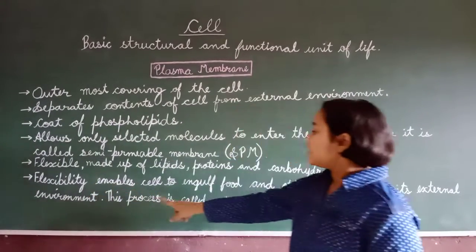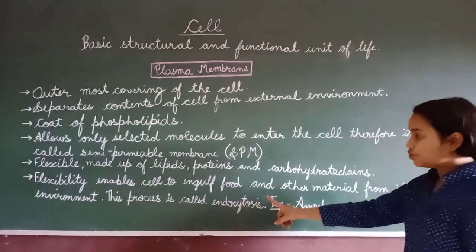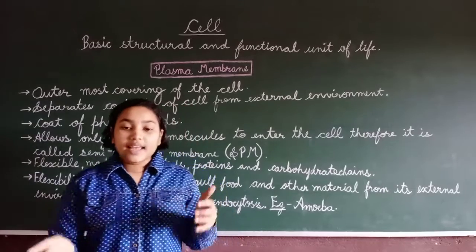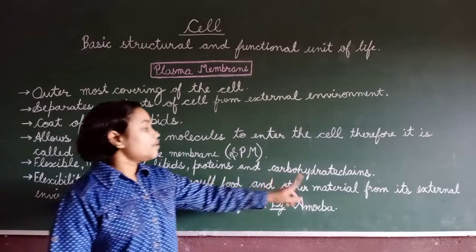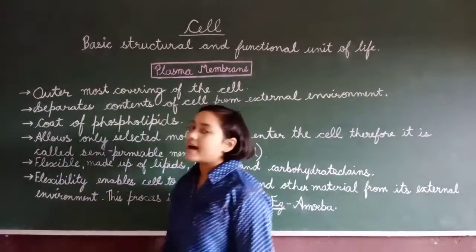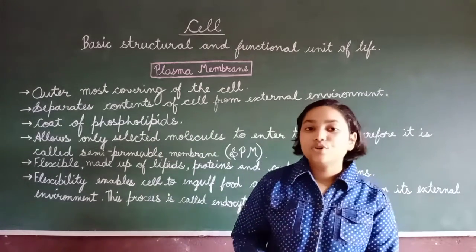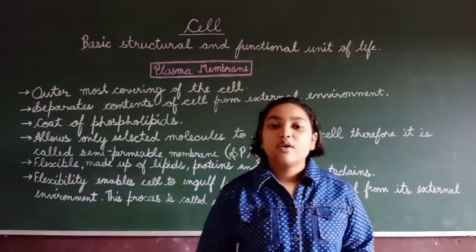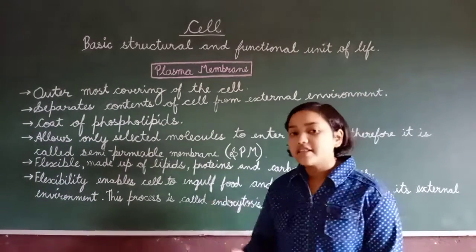Flexibility enables the cell to engulf food. It helps the cell to take in food and other important materials required for the cell from its external environment through the plasma membrane.